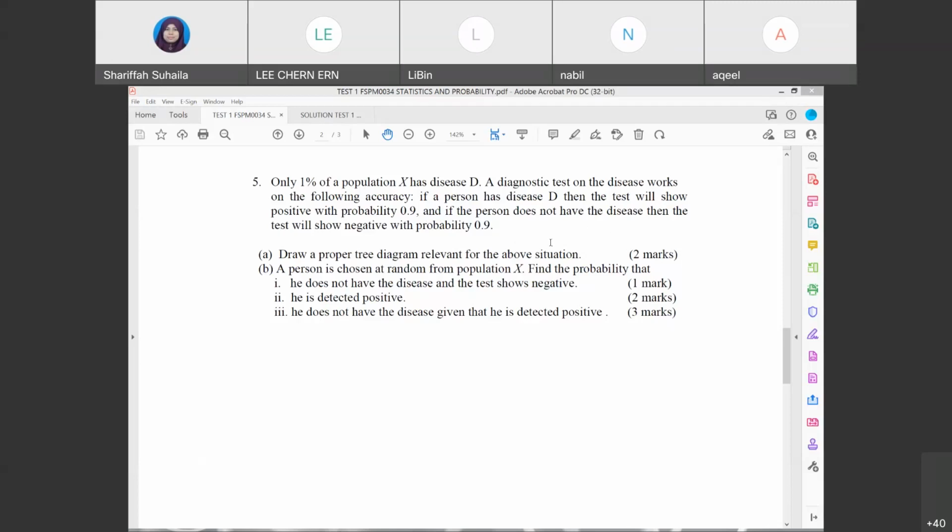And then use that tree diagram to find the probability that he does not have the disease and the test shows negative. That means probability D prime, does not have the disease, intersection negative test, N. Based on your tree diagram, what is the probability? For the second, he is detected positive.